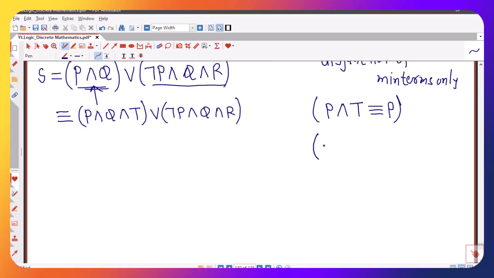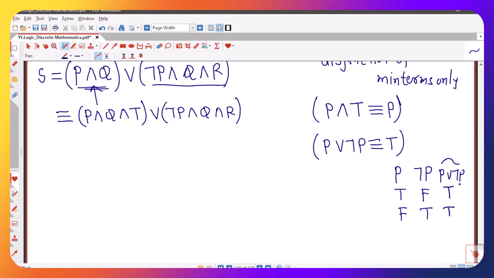Then again we know that if we have P or negation P, then that is always going to be true. We can check using a truth table also. P or negation P: here P is true and false, this is F and true, and we are taking the OR operator, so this is correct if at least one is true. Therefore this formula is always true.